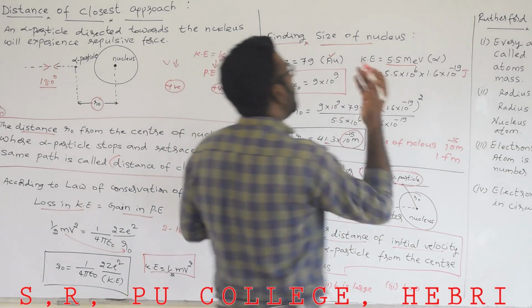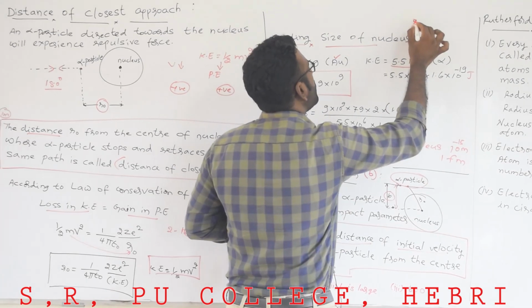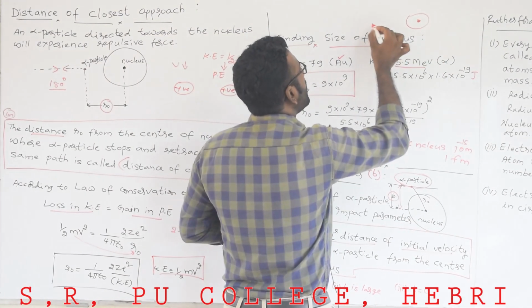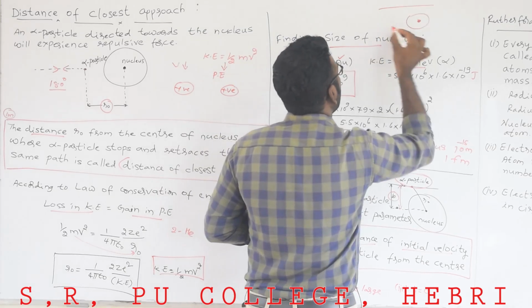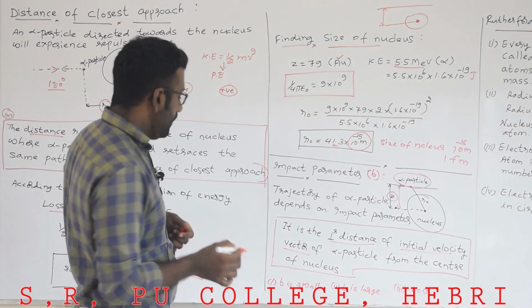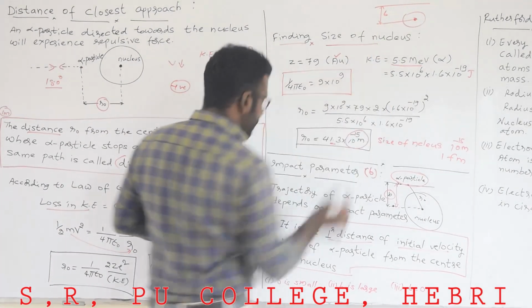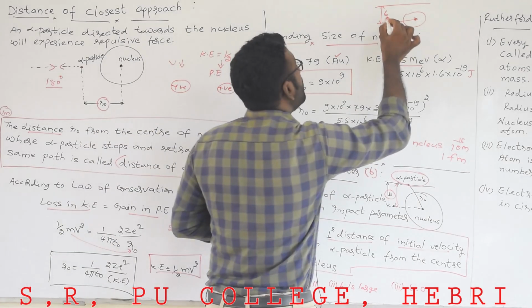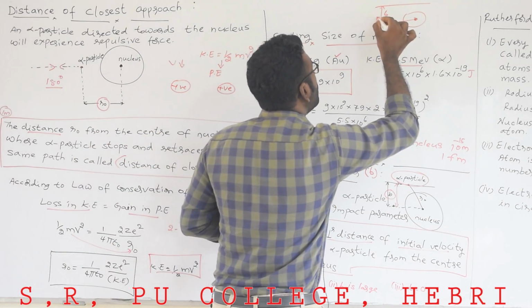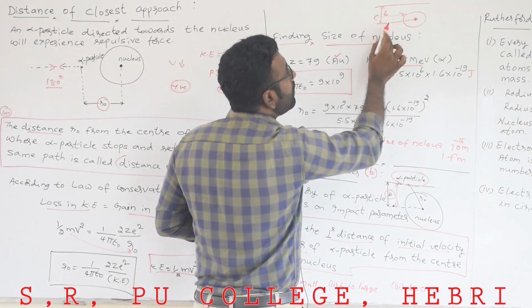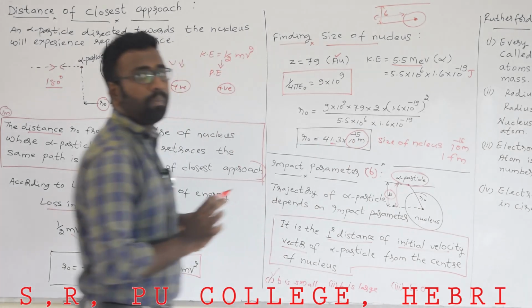I'll give you a brief idea. If the nucleus is over here, this is the center of the nucleus, and let me consider an alpha particle moving like this. So this is B. Let me consider the first case, when B is very small. B small means the alpha particle is moving very close to the nucleus.